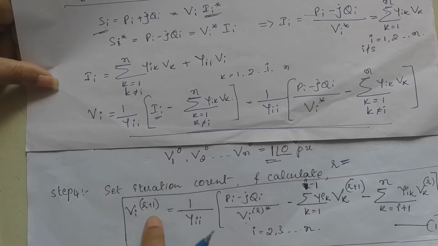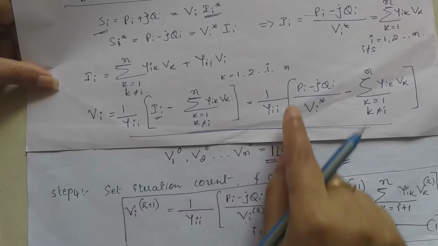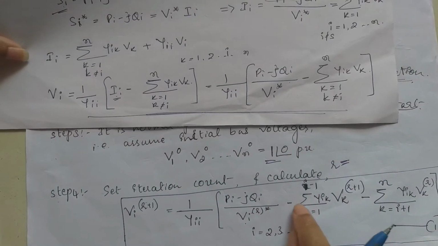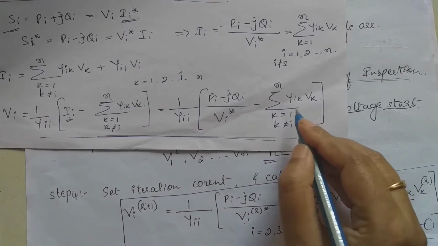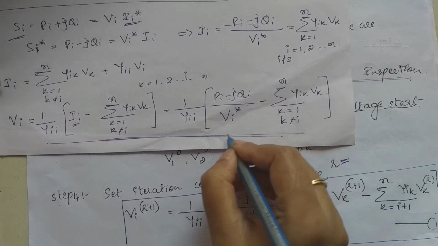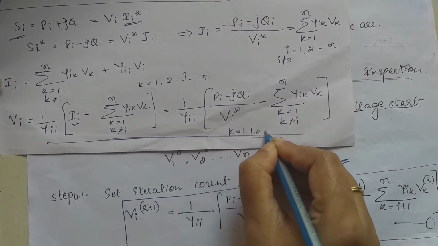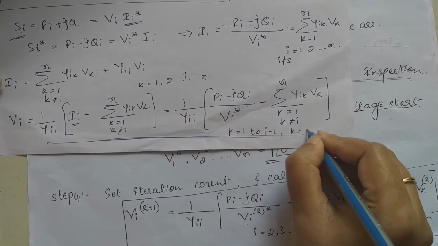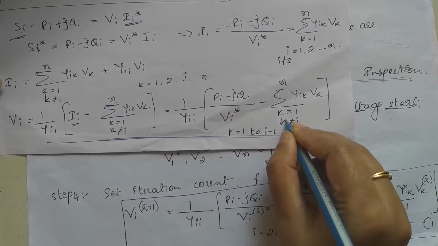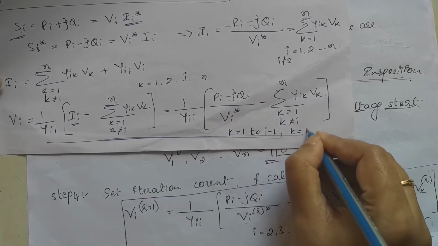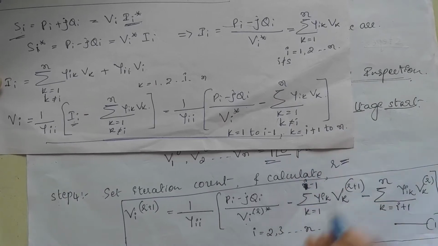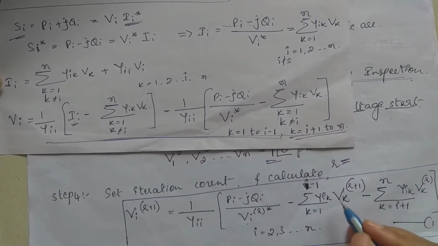So I am taking V_i^(R+1) equal to 1 divided by Y_ii, times (P_i minus jQ_i divided by V_i^R conjugate), minus, I am going to split the summation like this: k varies from 1 to i minus 1, then k not equal to i, then the next value is i, but we are not supposed to consider i. The next value after the ith is i plus 1 to n. We are going to split the summation like this.